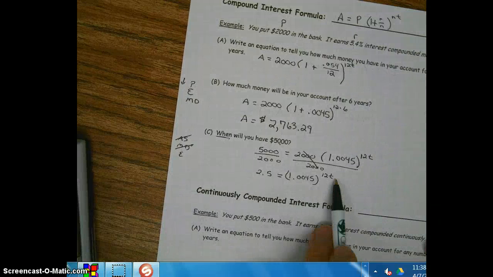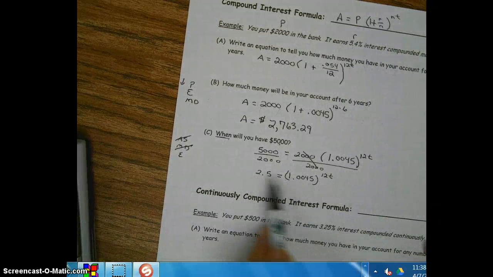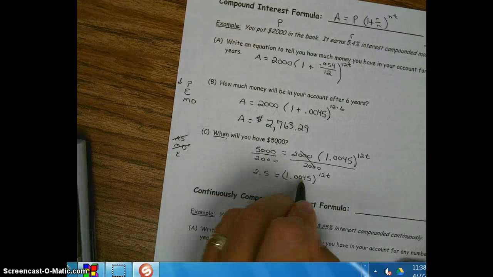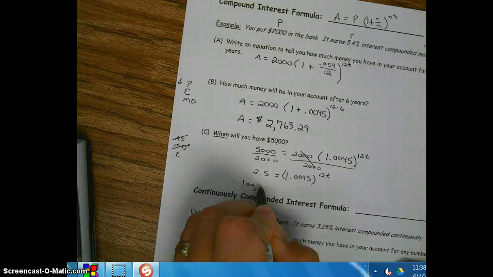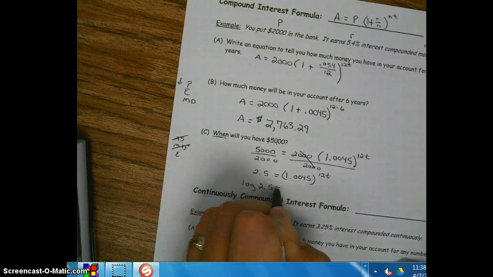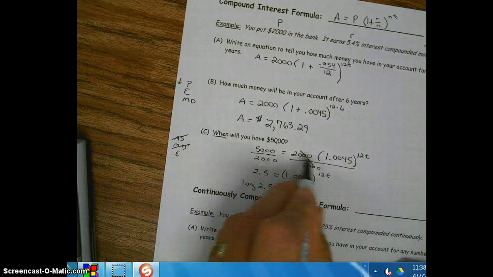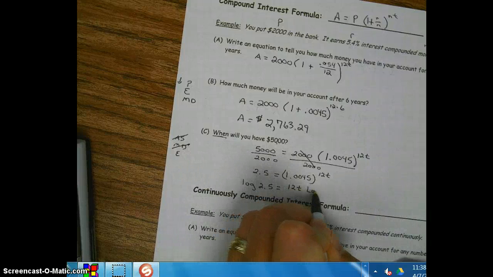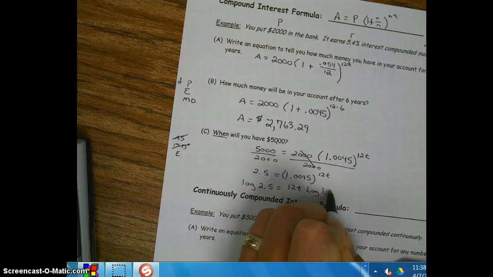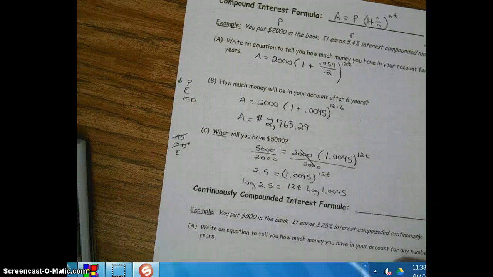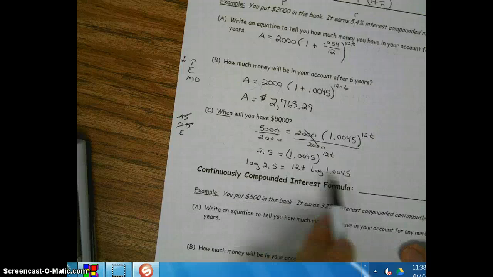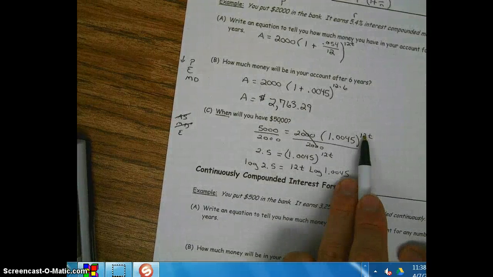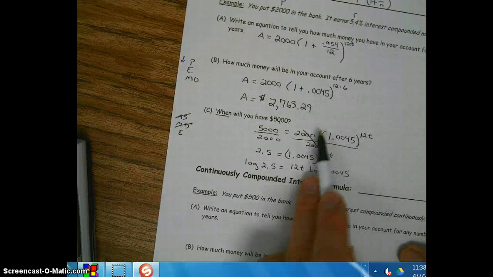In order to do this now, we have to use logarithms. So we're going to start off by taking the log of both sides, and I'm going to bring that exponent down front using the power property.